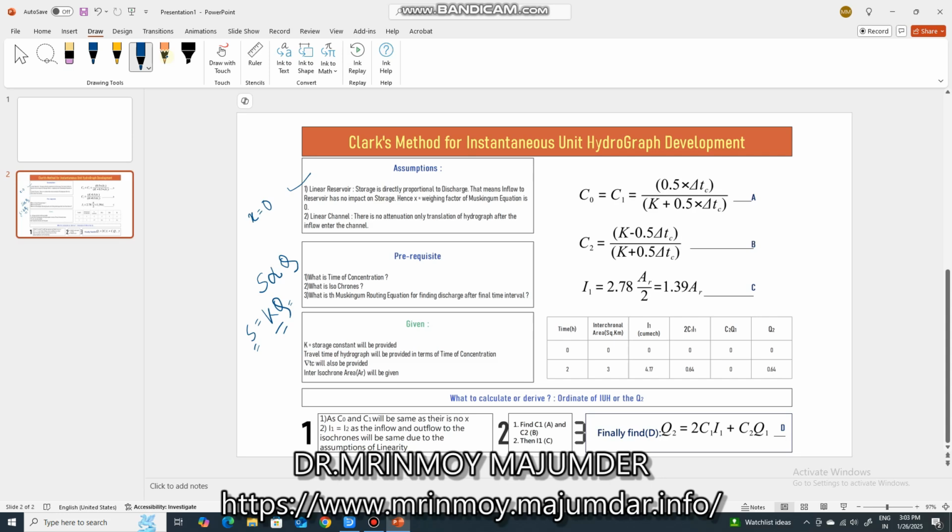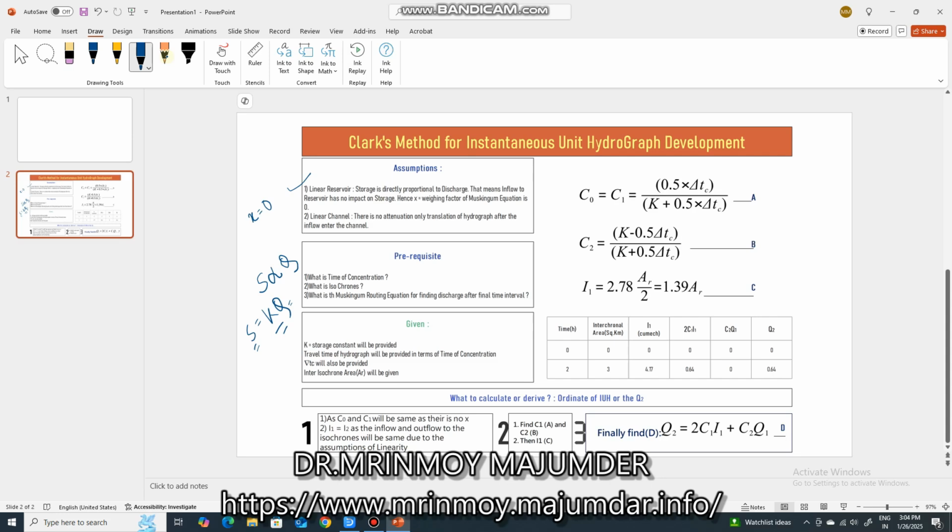Both are ideal cases, both are fictitious cases. But to apply Clark's method, you must assume the reservoir linearity and channel linearity. Otherwise, you cannot move ahead with this problem.